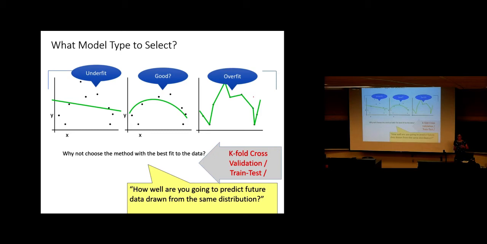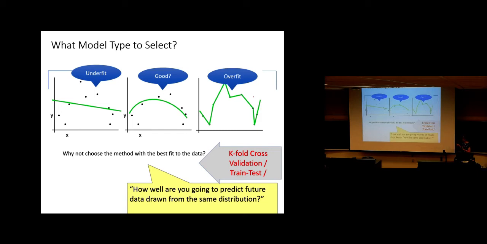In the end, what we have emphasized many times is that our generalization goal is how well you are going to predict future data drawn from the same distribution. I personally don't even see the same distribution, but the basic machine learning setting assumes training and testing come from the same distribution.